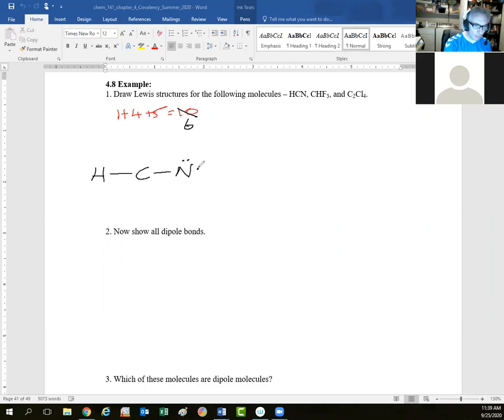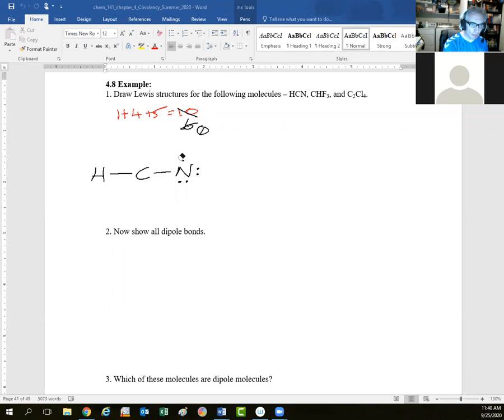2, 4, 6 electrons around the nitrogen. That gives it an octet. But we still don't have that octet for the carbon, just seeing 2 and 2, 4. But we've run out of electrons. So we have to resort to a double bond to try and solve our problems.